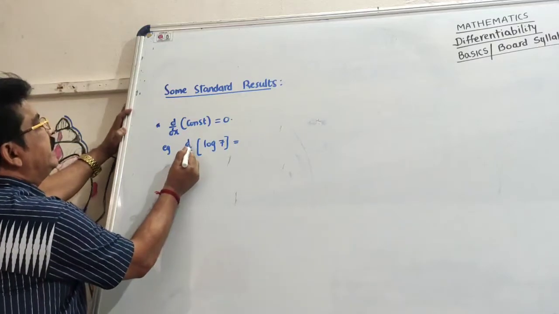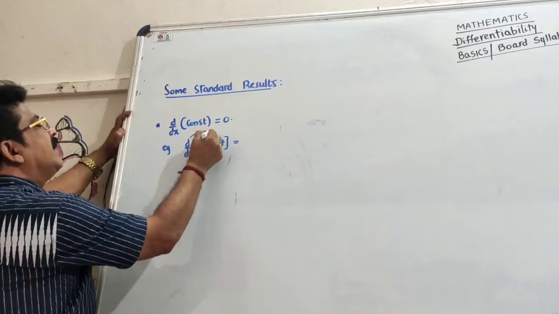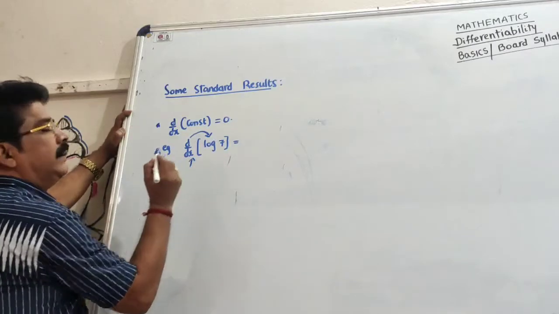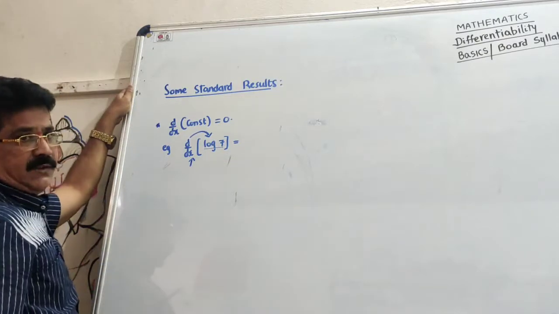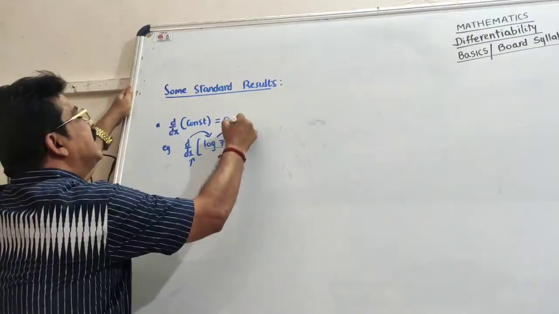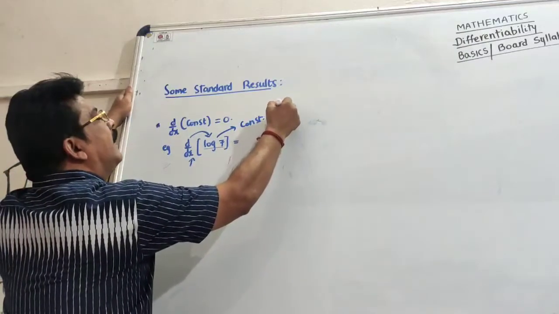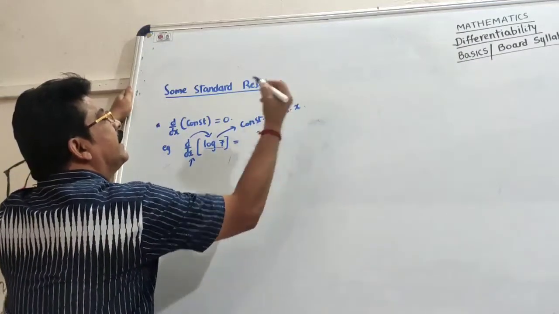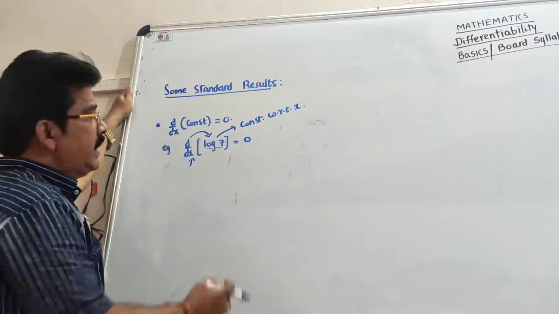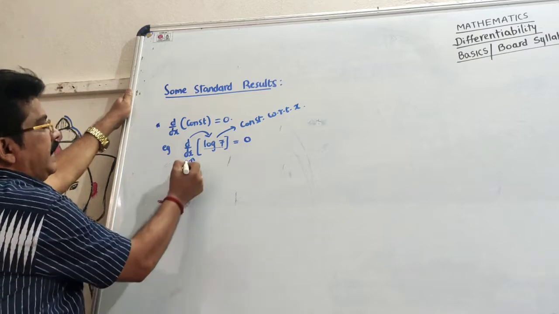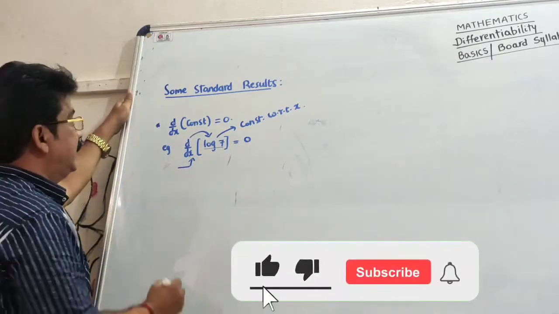Actually, d by dx means differentiation of log 7 with respect to x. But there is no x. That's why this is a constant. This is a constant with respect to x. So therefore, its value is 0. Indirectly, there is no x when differentiating with respect to x, like that.